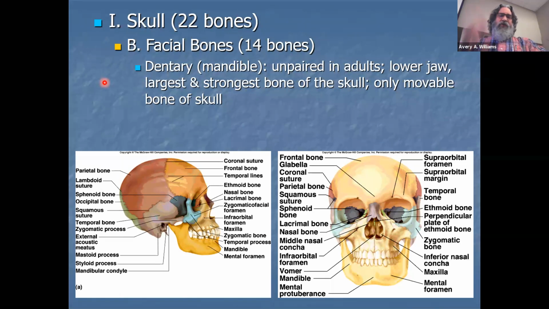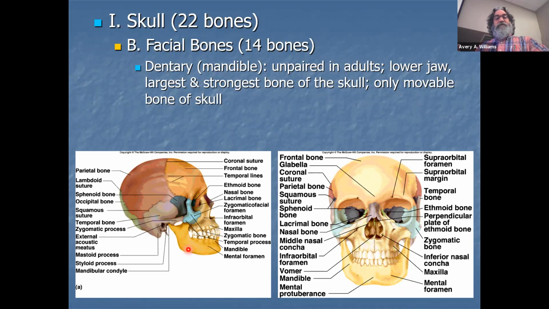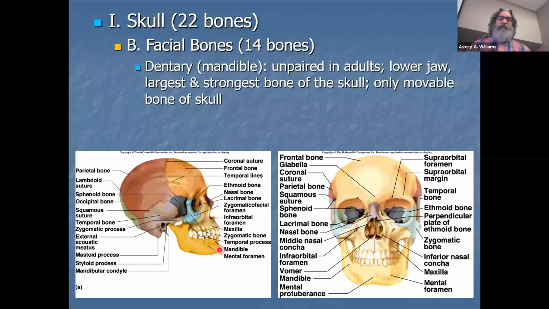Of course, you have teeth in your lower jaw. You have teeth in your upper jaw, but this bone of your mandible or your lower jaw is named in part by having teeth. Of course, it's the portion of the jaw that has the teeth. Now, the dentary bone. The word mandible just means jaw. Lots of things have jaws.